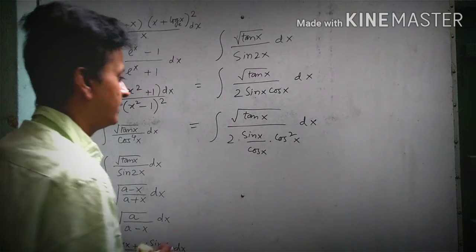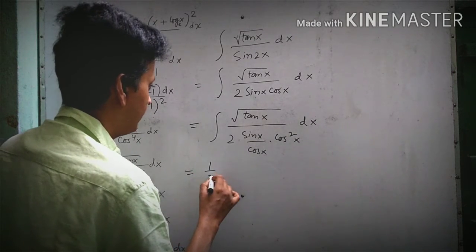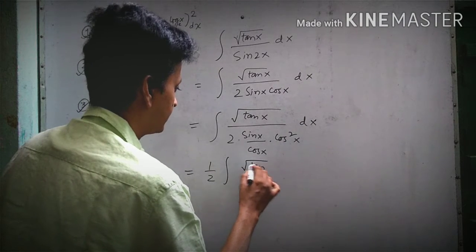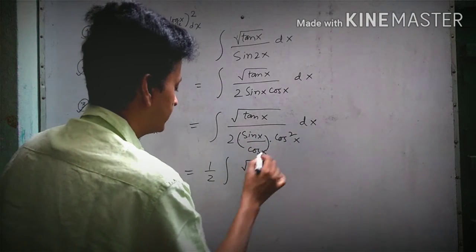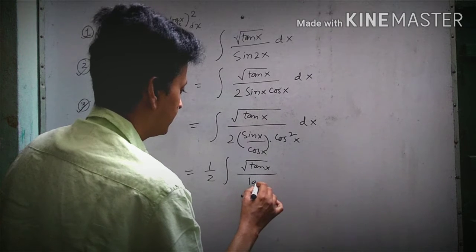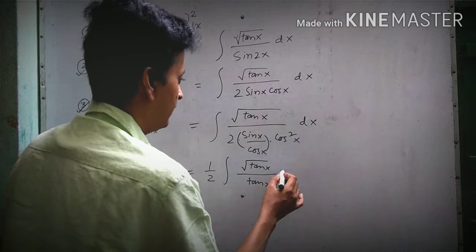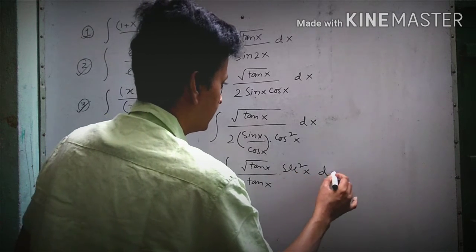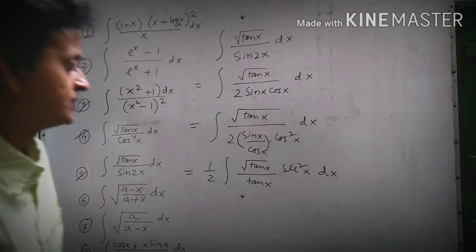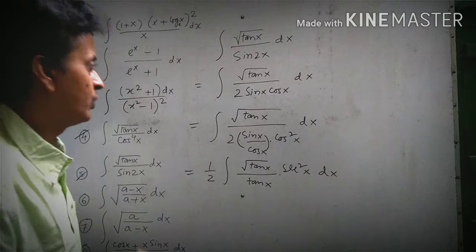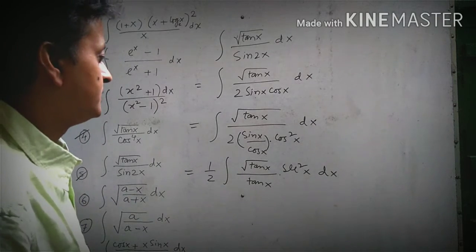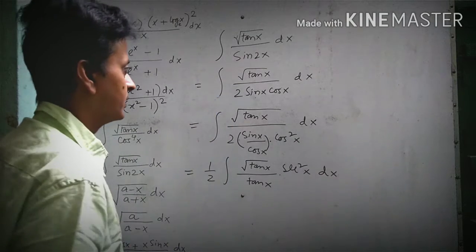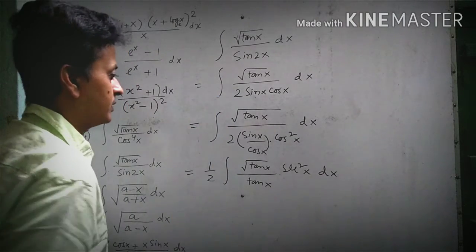So we get half of integration of root tan x by sin x by cos x, that is tan x, and 1 by cos square x, that is sec square x dx. This is a very important problem. This step is most important. This step and this step.